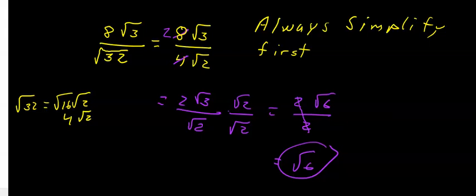All right. Let's look at one more example. We have 3 square root of 2 over the square root of 8. Another way we can simplify, well, here, let's make this a 2 also.